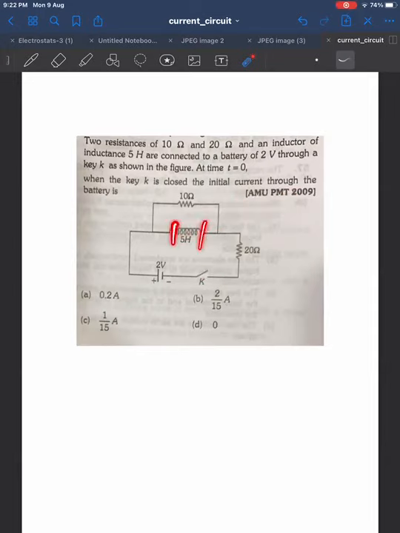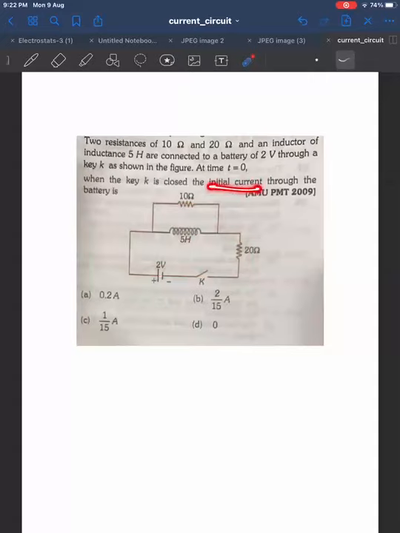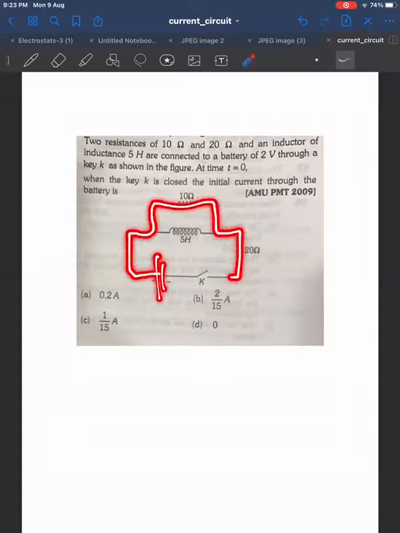Open circuit means it will break the circuit. That means the current flows like this. That's it. This will not be considered at all because of the initial current. After some time, the inductor will act like a closed circuit. That means the current will get divided. But they have asked us only the initial current. Therefore, the clue for you is the circuit we need to consider is only this.